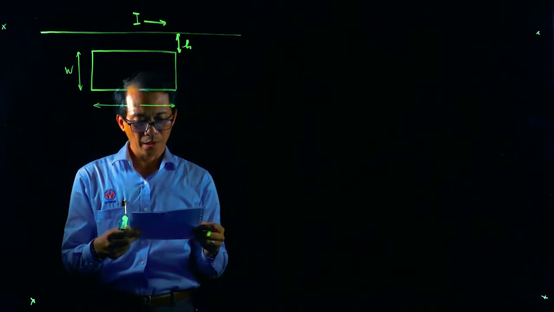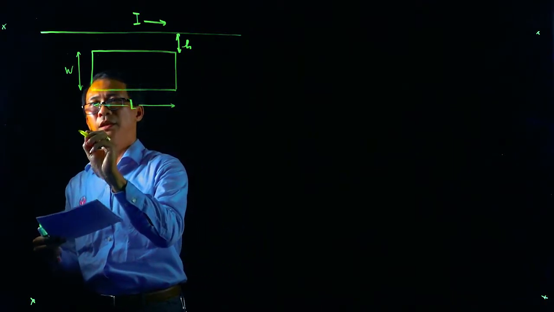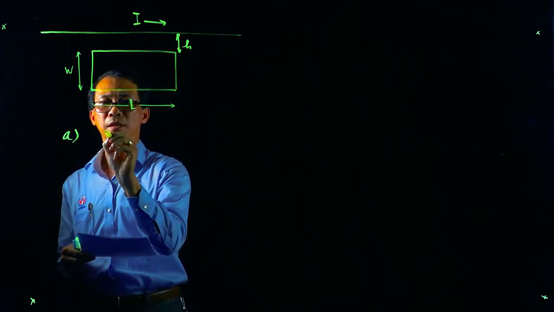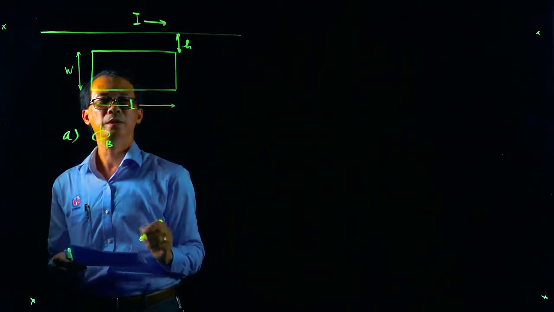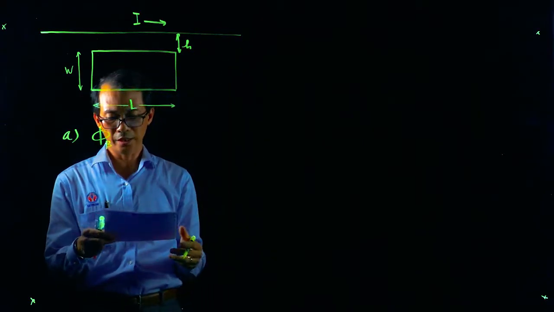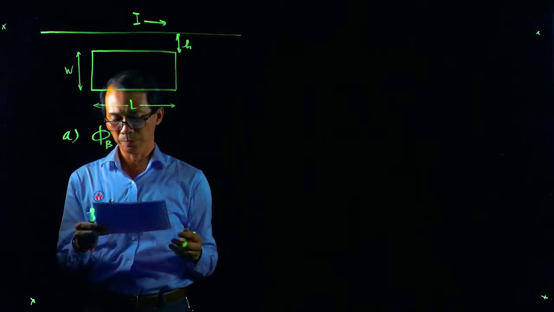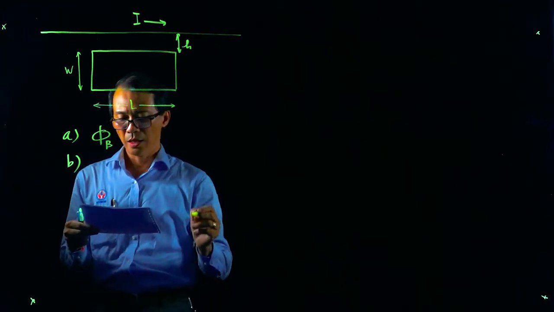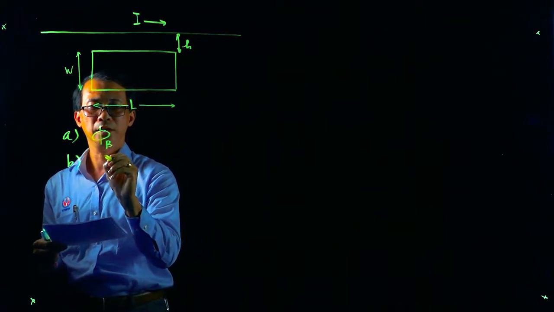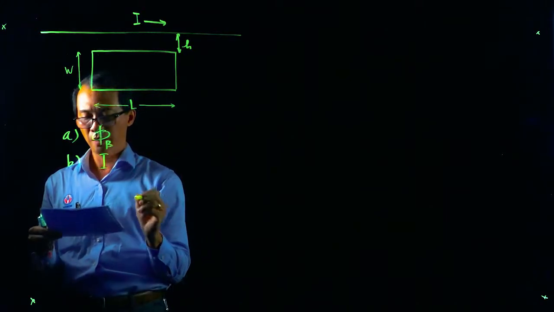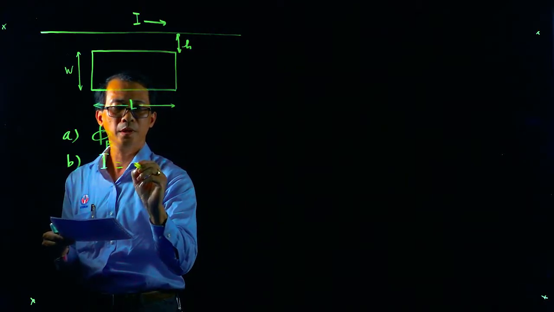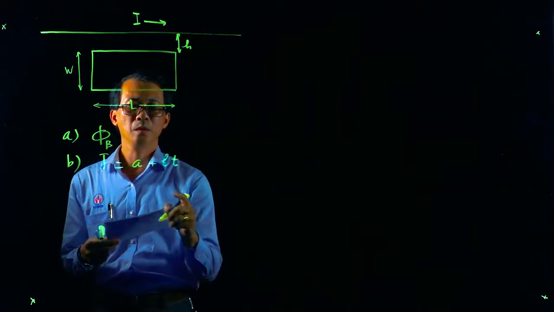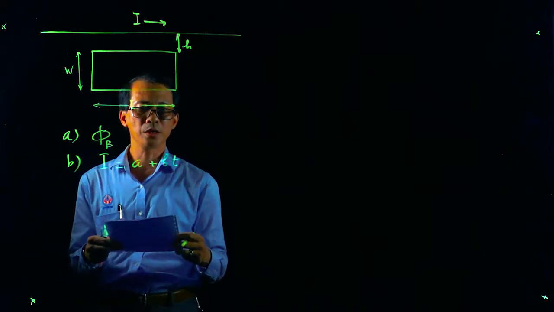Okay. The first question is A: determine the flux of the magnetic field created by this current through the loop. B: suppose that the current varies with time as the function a plus bt, where a and b are constants.